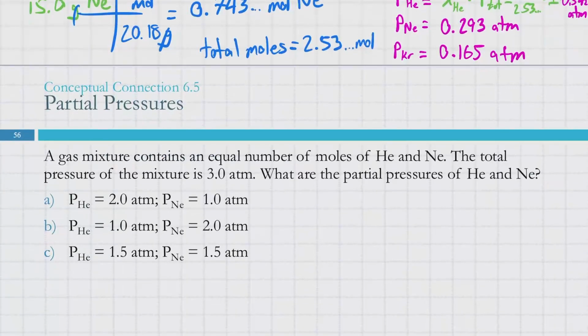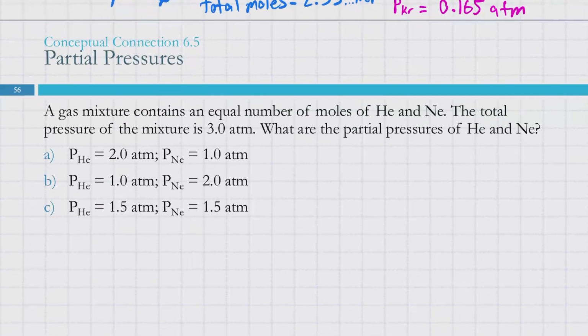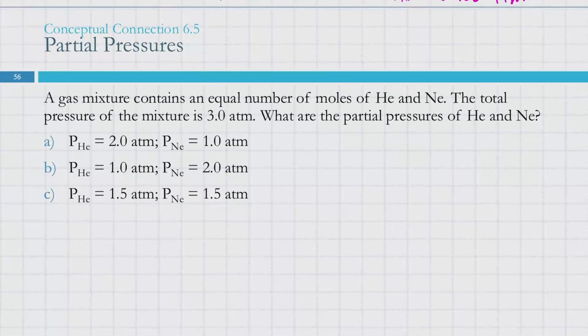Okay. A gas mixture contains an equal number of moles of helium and neon. The total pressure of the mixture is 3 atmospheres. What are the partial pressures of helium and neon?